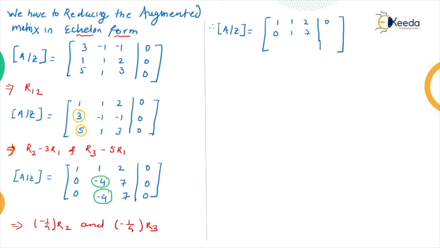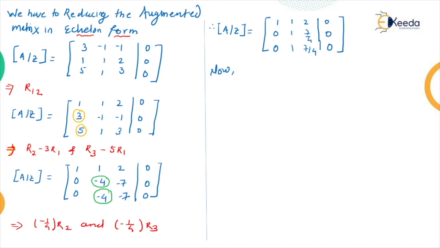Now after this transformation, you get 7 divided by 4, and here the element is 0, so the next row is 0, then 1, then 7 divided by 4 here. These values become -7 and -7 from the previous step, so this will also get 0.